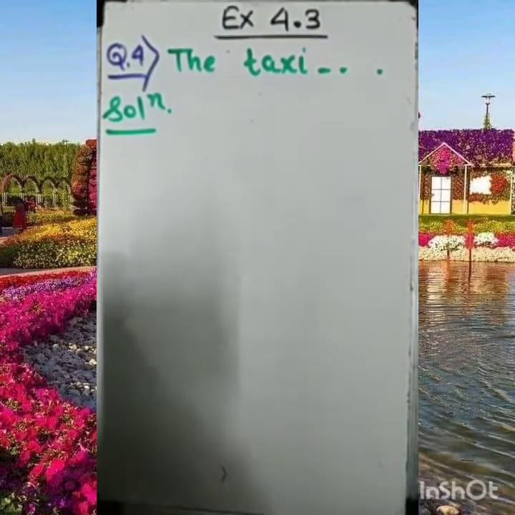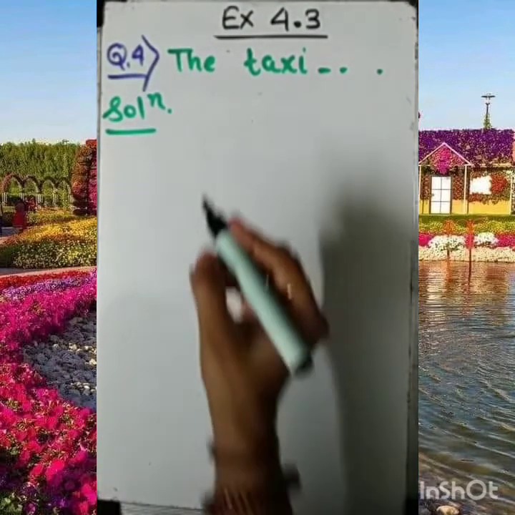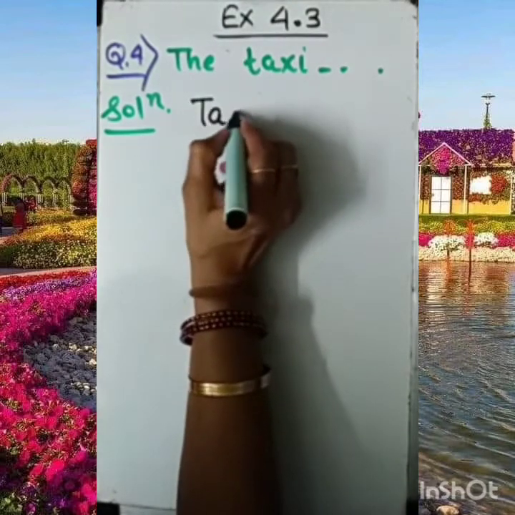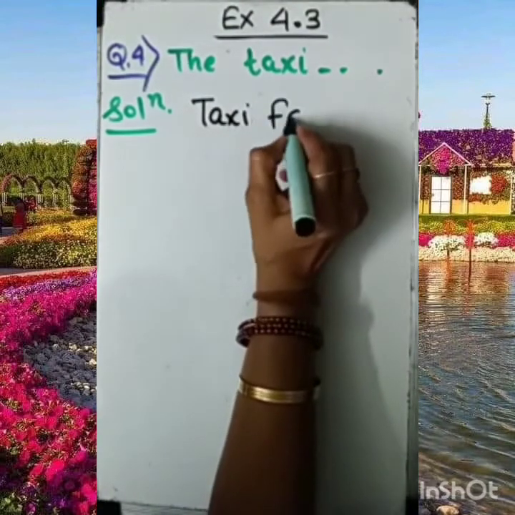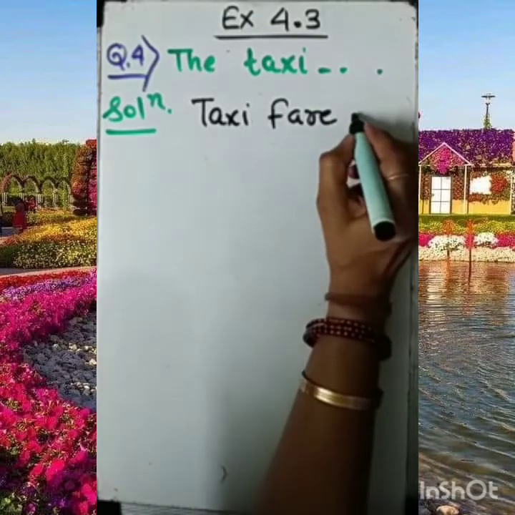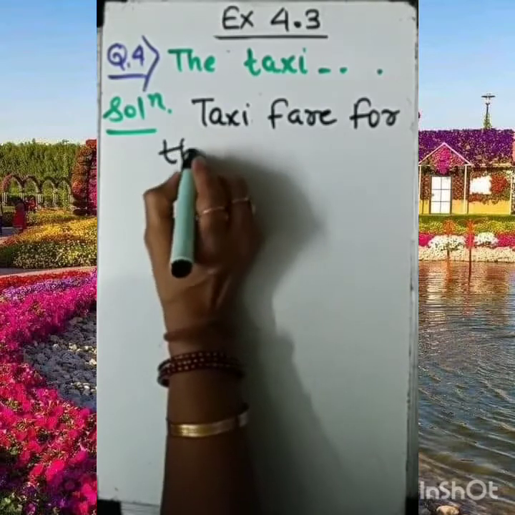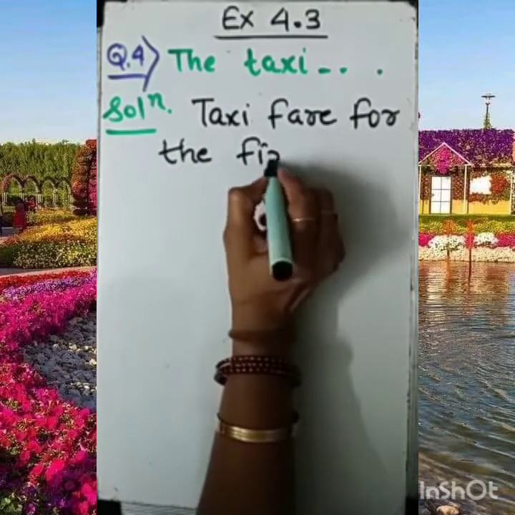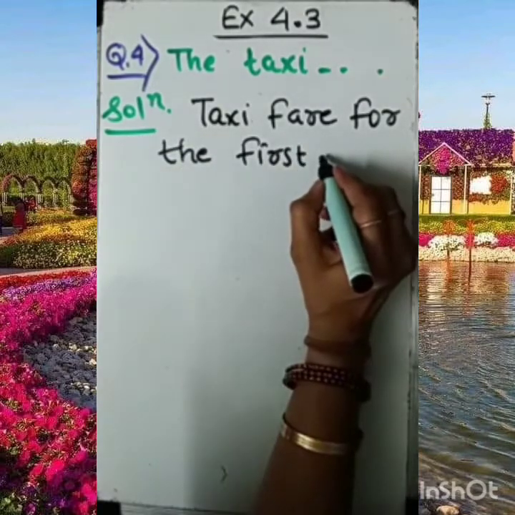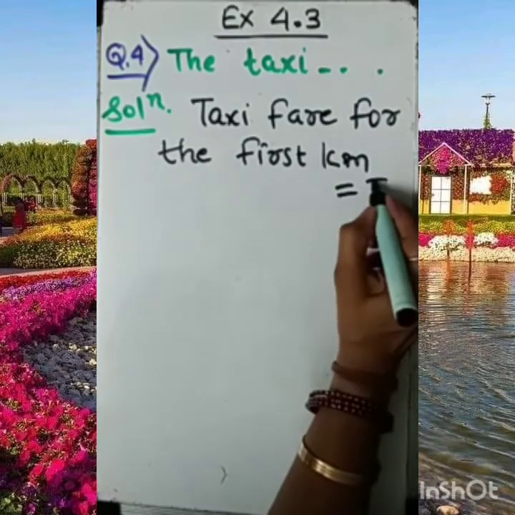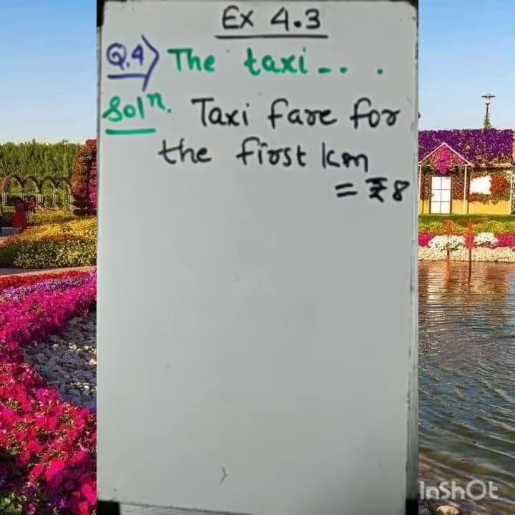Very simple. What is the total taxi fare for the first kilometer? Yes, you are correct, for the first kilometer that is 8 rupees. It is given that 8 rupees is compulsory to have with you.